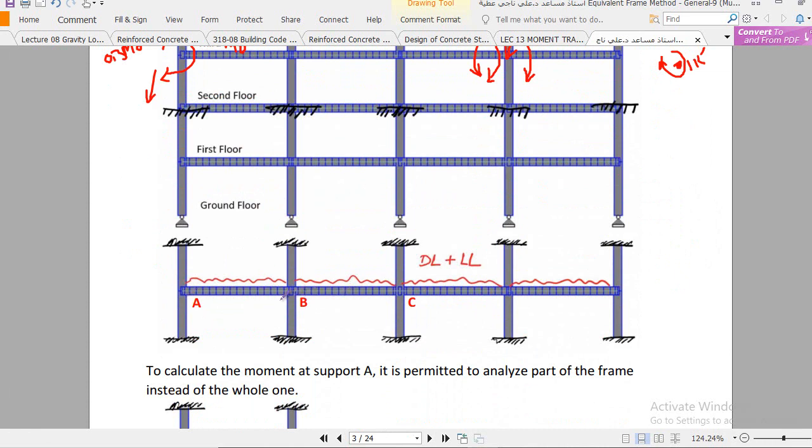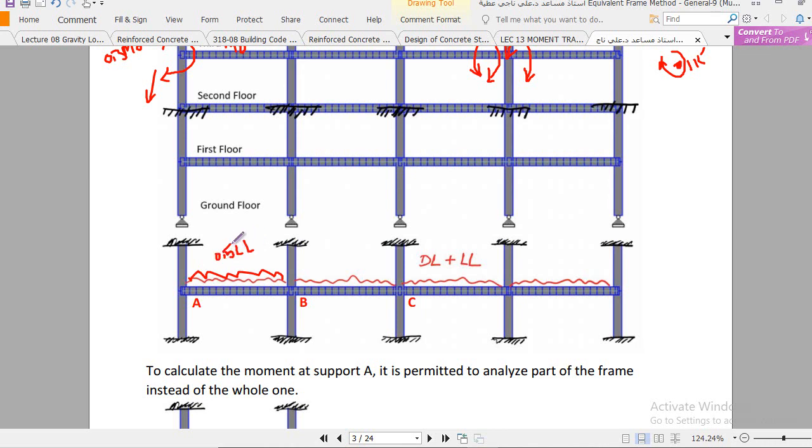These are two adjacent spans. The code says that the AB span should be loaded with the factored dead load, plus the factored live load, but that factored live load should be halved, multiplied by 0.5.